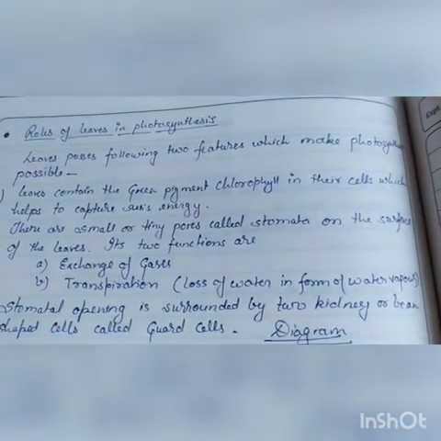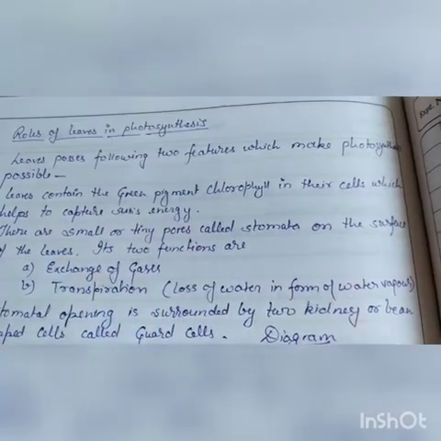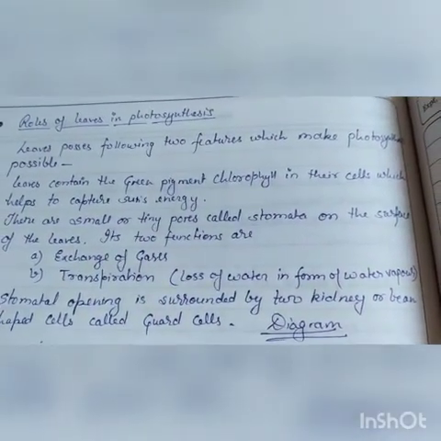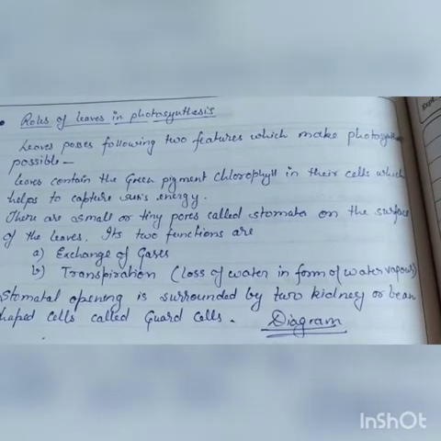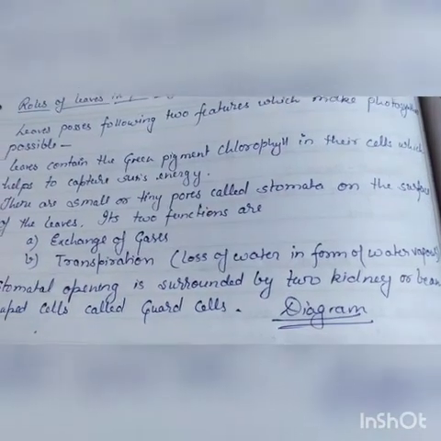See, leaves are very important for photosynthesis. Why? Because a leaf possesses the following two features which make photosynthesis possible. Leaf contains the green pigment chlorophyll in its cells, which helps to capture the sun's energy.